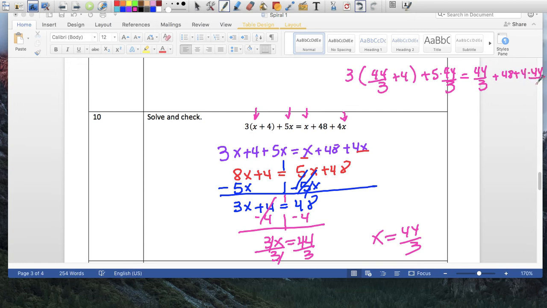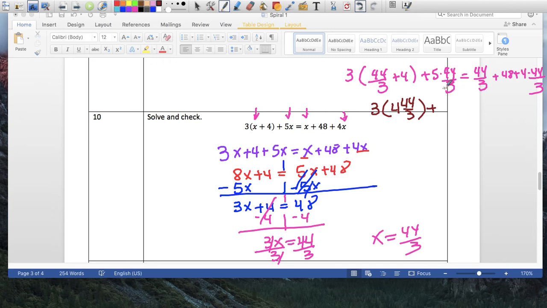Yikes, sorry, I should have picked a different one. Nevertheless, so now I'm going to get 3 times 44 over 3 plus 4, which is just 44 plus 4. Plus, I can multiply these two.